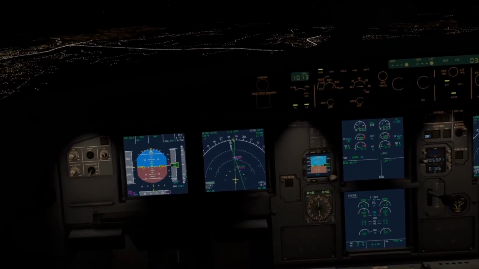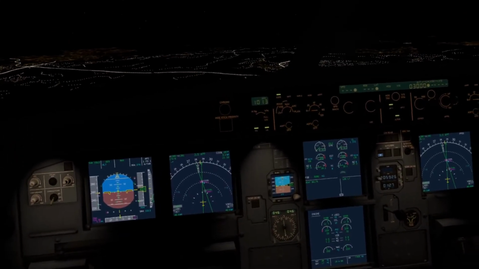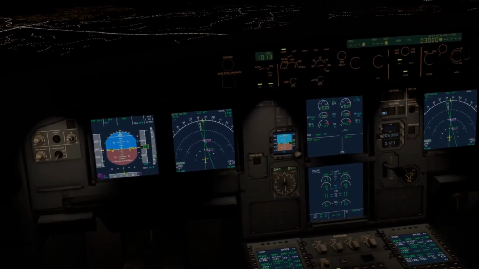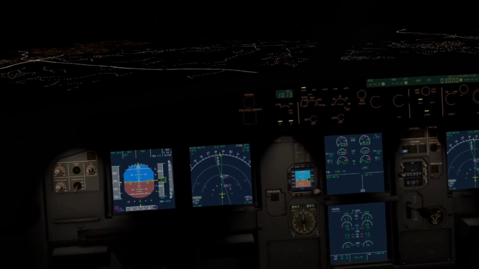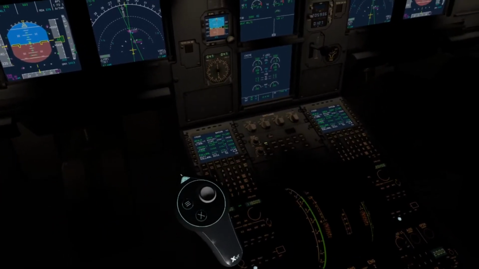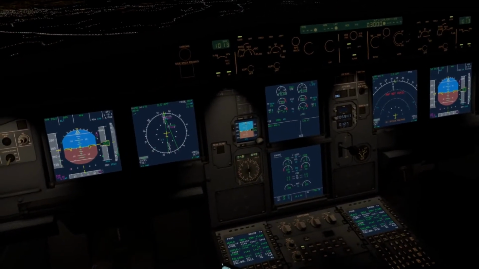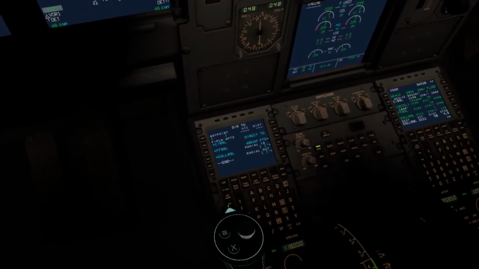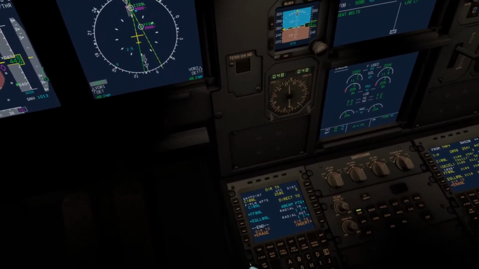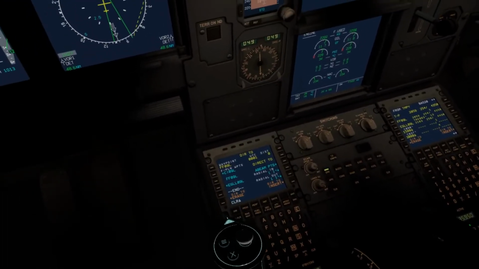Alright guys, so we're almost there, so we just have to do a turn and then that's it. We're going to be centered on their runway. So as soon as we cross this, we're going to set gear down and flaps as well. So to save time, we're going to go direct to this, hang on.